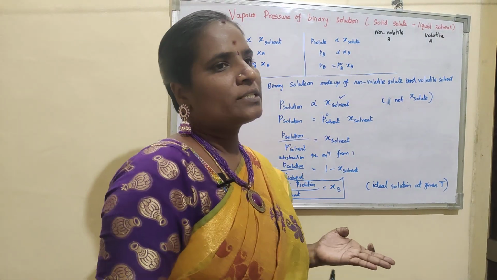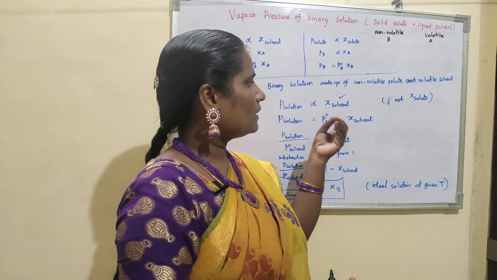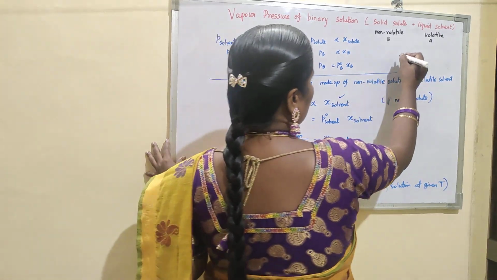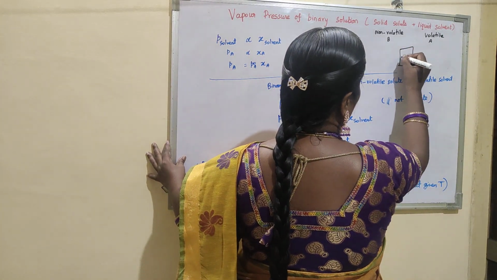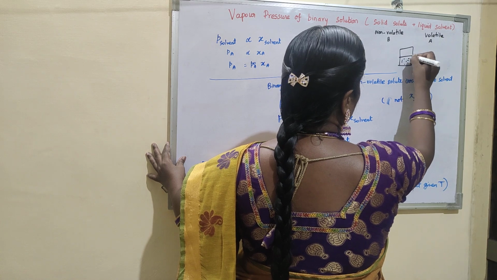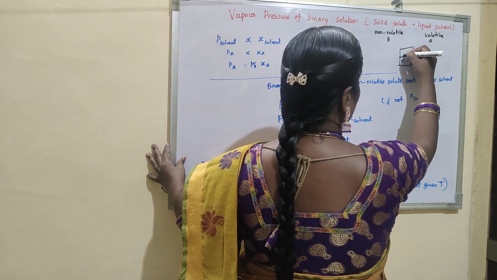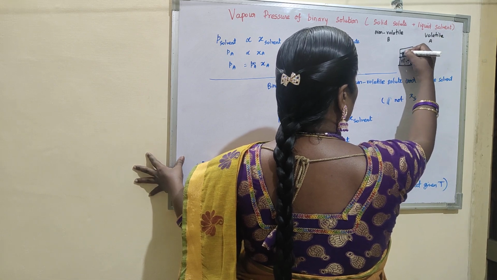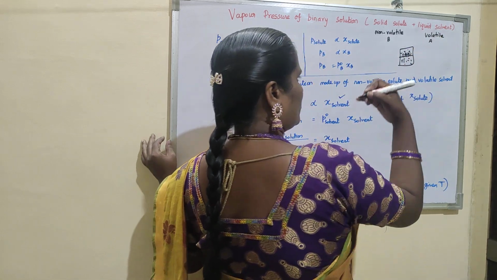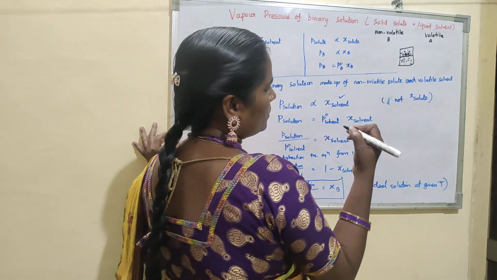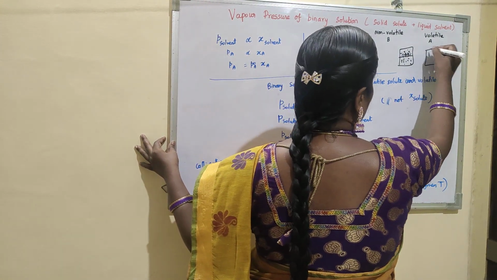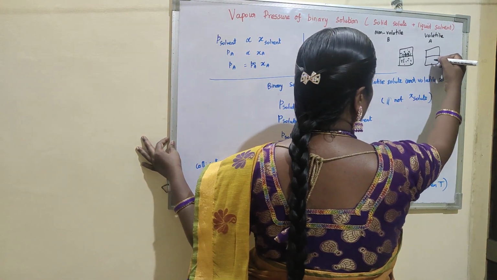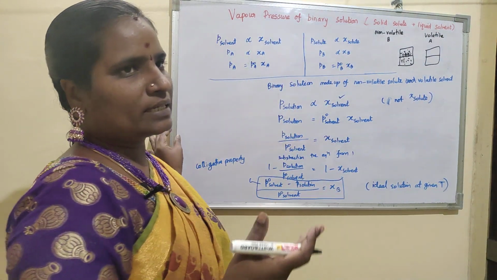When the solution is made up of a non-volatile solute, for example, when you have a volatile liquid solvent, you can see a lot of vaporization happens. So the moment you add a non-volatile solute, the rate of vaporization decreases.